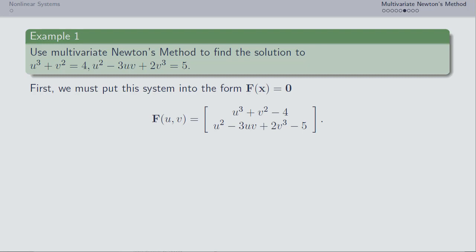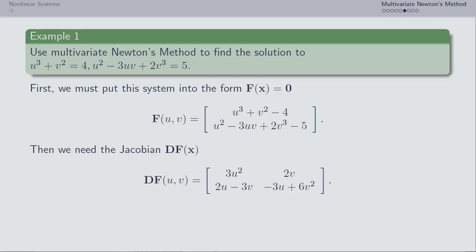So we need to put it first into the form of f of x equals 0. My x vector here is u, v. The first equation is u cubed plus v squared minus 4, and the second one is u squared minus 3uv plus 2v cubed minus 5. Those are 2 functions that, when they're equal to 0, we have a solution to the system we're trying to solve.